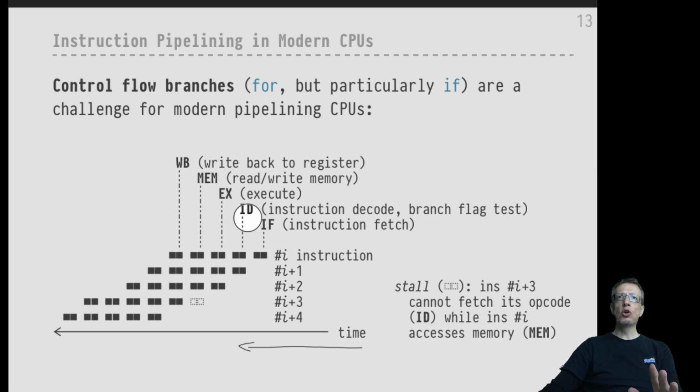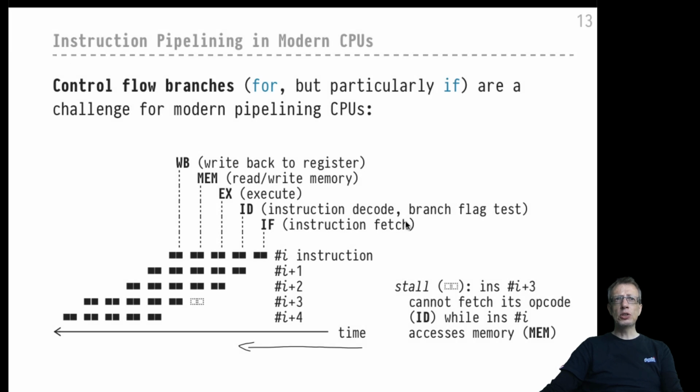We would then decode the instruction, ID. We would look at the opcode, and try to find out what operation is actually to be performed here. It's very typical for such a pipeline CPU evaluation that at this early stage also branch flags are tested.